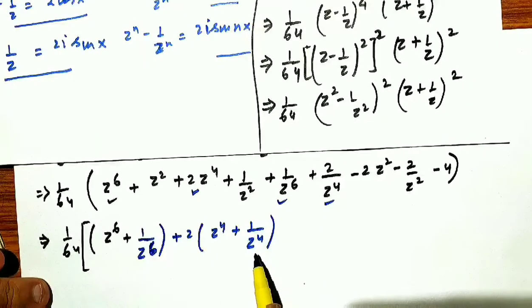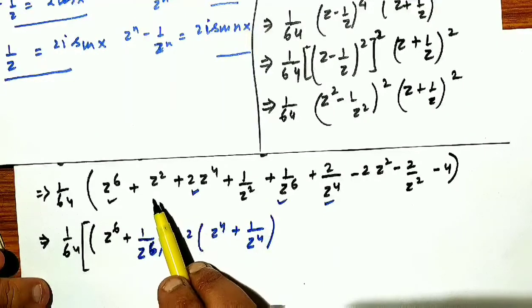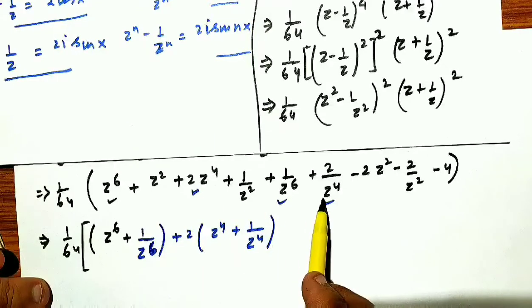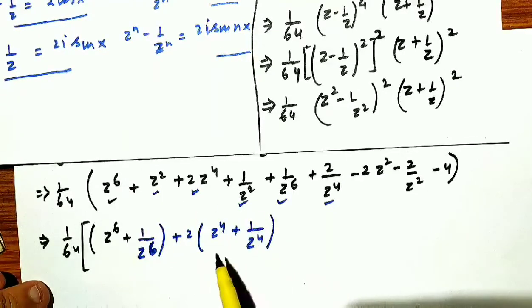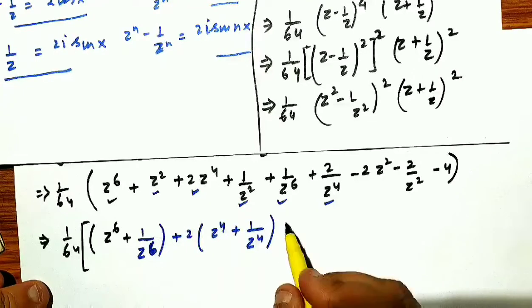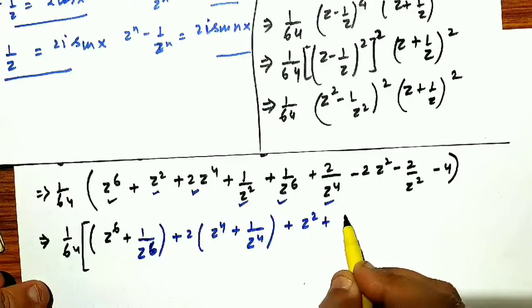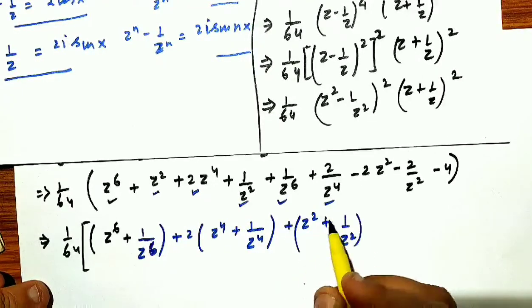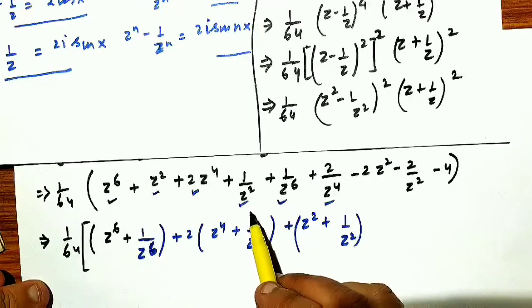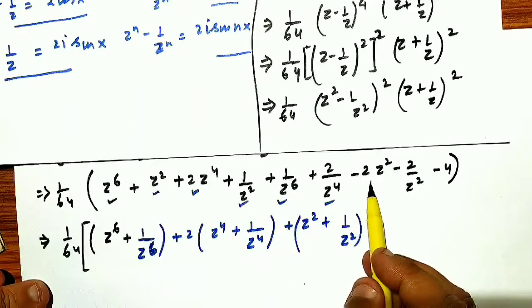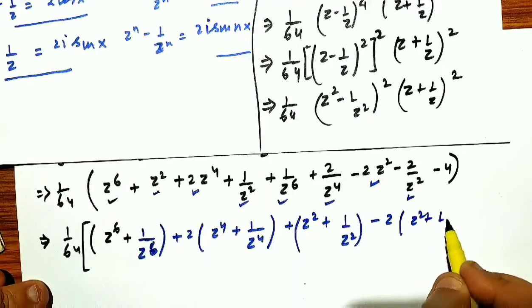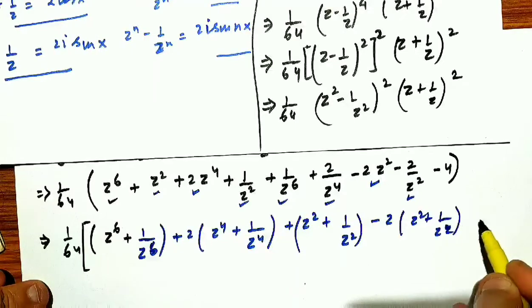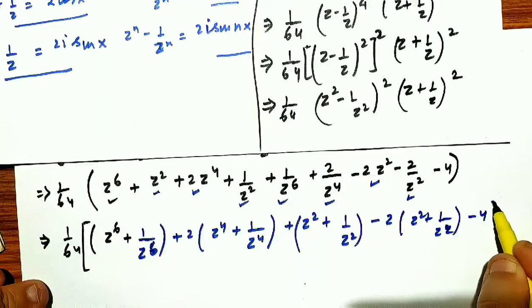Let us look at another term that will give you z square. Z to the power 4 is okay, and the next part will be z square plus 1 by z square. And look at this one: minus 2 z square and minus 2 over z square, so I will take minus 2 common, and z square plus 1 over z square is there, and minus 4 is alone.